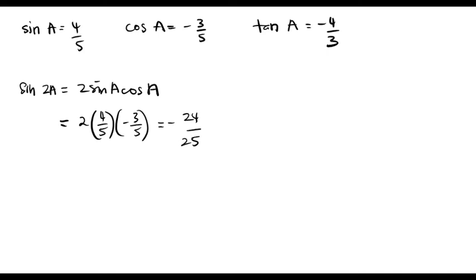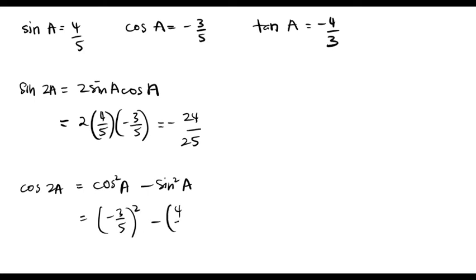Now cos 2A. We use cos squared A minus sine squared A. Substitute the values: negative 3 over 5 squared minus 4 over 5 squared. So we get negative 7 over 25.